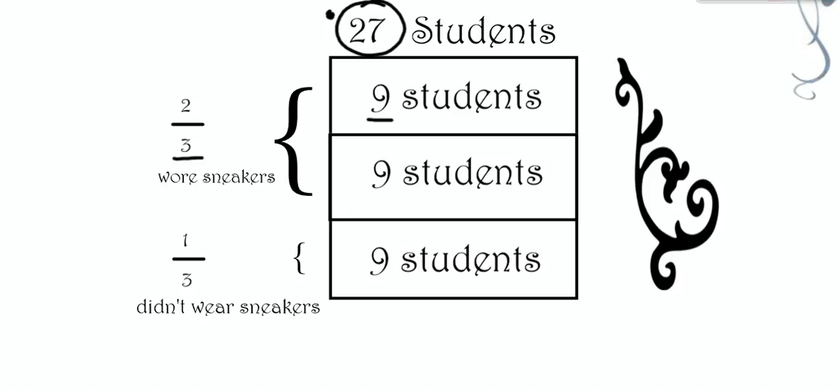From here, then, we're able to figure out what 2/3 of the 27 students is. By now taking our 2 boxes, 9 plus 9, we get the understanding that we have 18 students who wore sneakers.